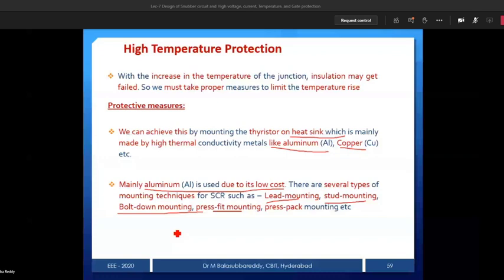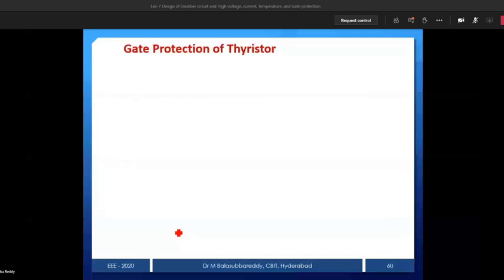Similarly, gate protection is also needed. Why gate protection? The gate is also connected to a voltage. Between gate and cathode we connect a voltage source, which in turn passes a current. How much current? To trigger the SCR, I need to pass at least Ig minimum, and the maximum is Ig maximum; only up to that.